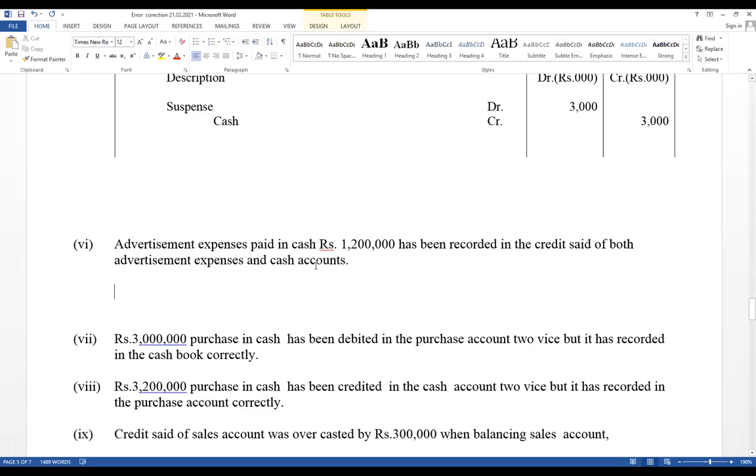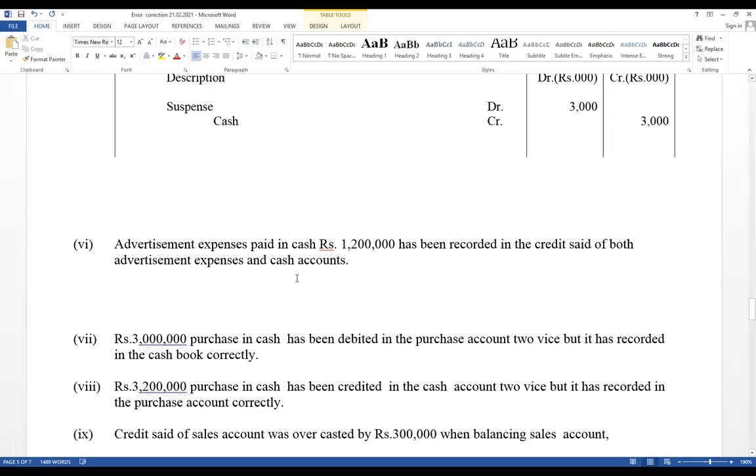Now think about both ledger accounts recorded on the credit side. Cash account credit, advertisement expense account debit is the correct entry. Cash account credit, it is okay, but advertisement expense account should be debit.